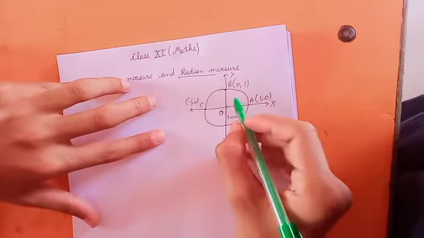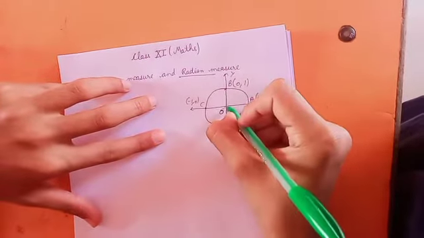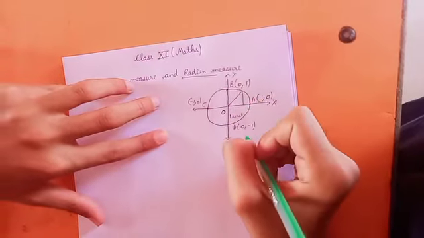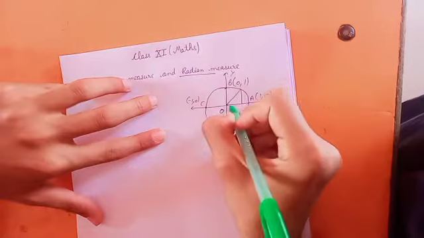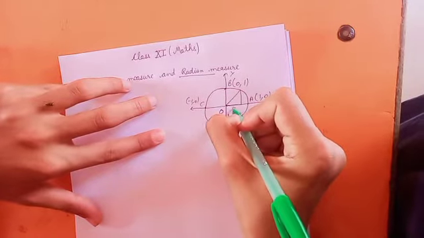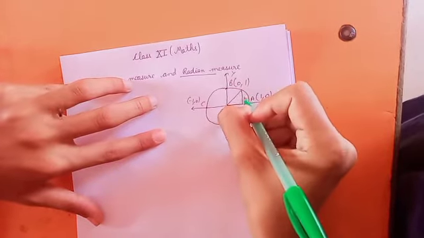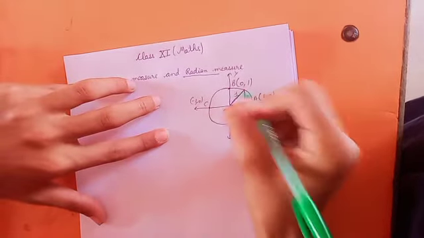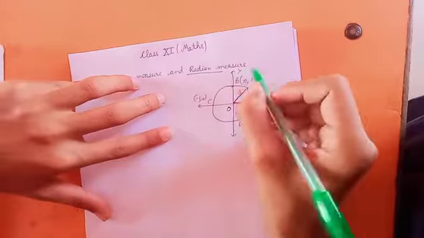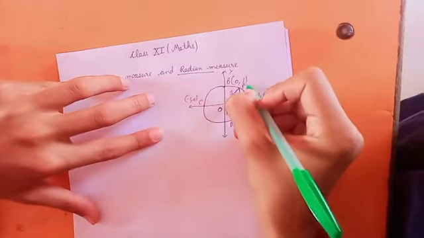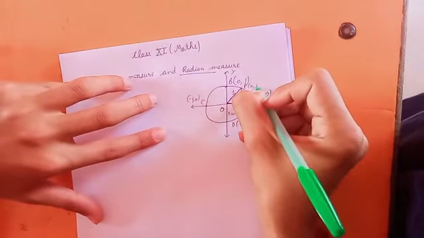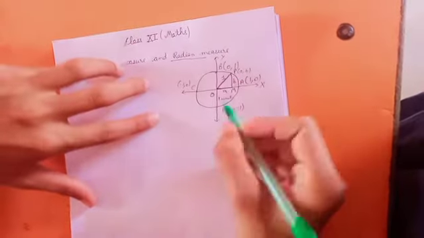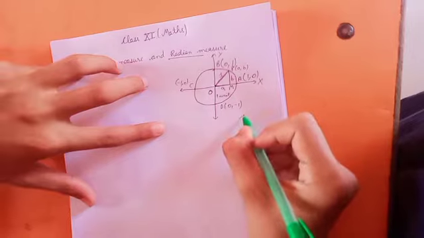Now let me construct a right angle triangle in the first quadrant. Let me say this distance as a and this as b. Now this distance will be 1 unit as it is the radius. This point is our P, its coordinates are (a, b), and this point is M. Let me construct it again.